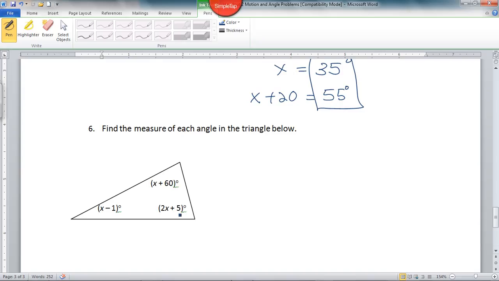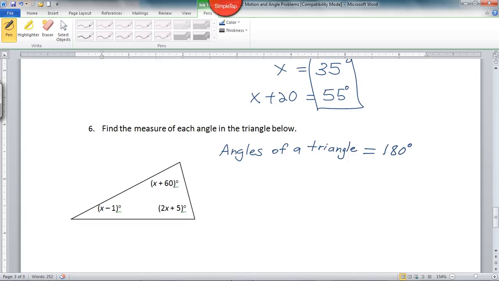Well, the key to solving this one is to know that anytime you have the angles of a triangle, they add up to be 180 degrees. Should say the sum of the angles of a triangle. Okay?